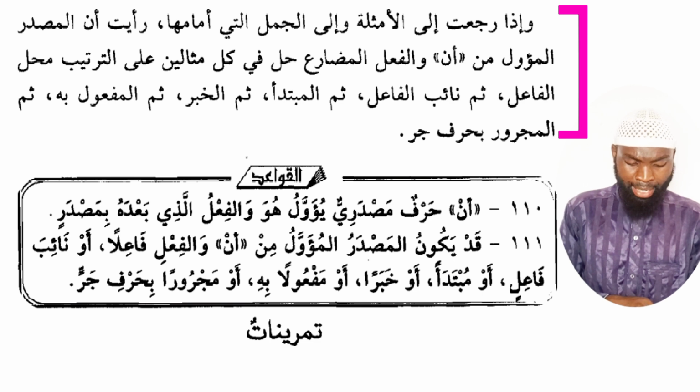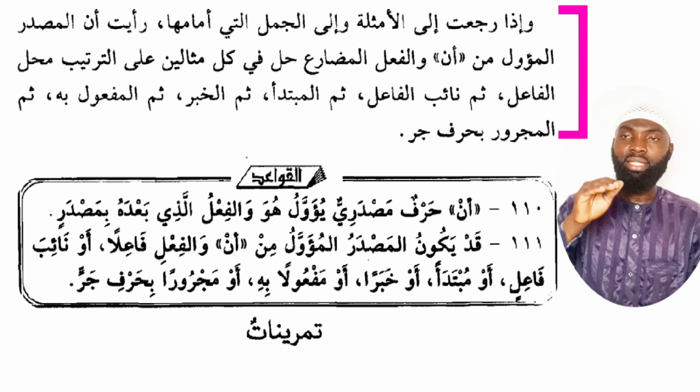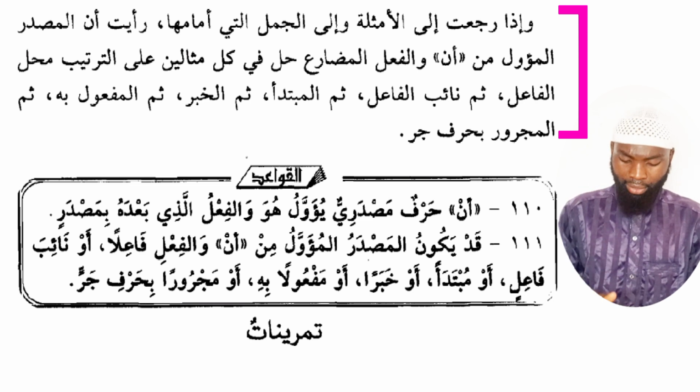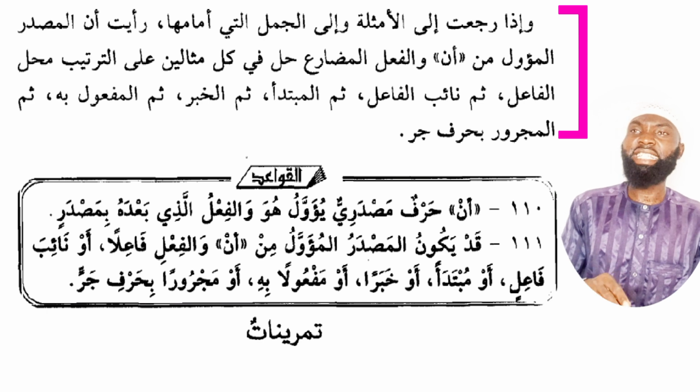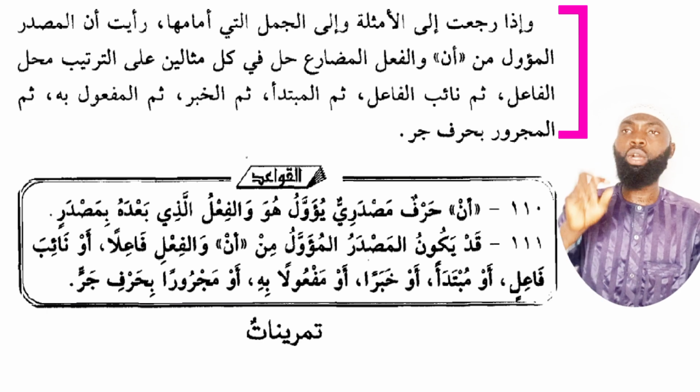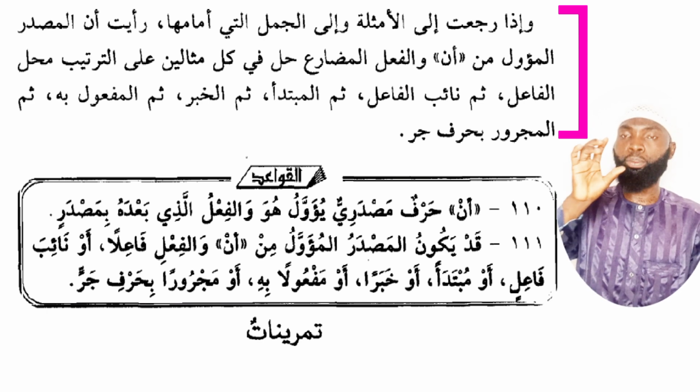حل في كل مثالين على الترتيب محل الفاعل. You see that in the two examples this verbal noun will take the position of what? The fa'il. ثم نائب الفاعل. The first two examples you see that the najahu and sudokuka are coming as subjects.